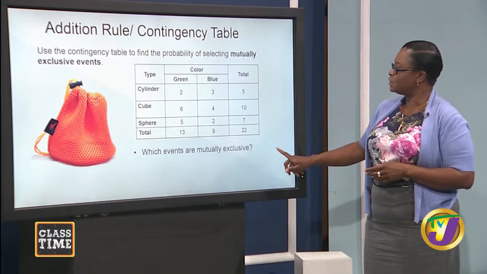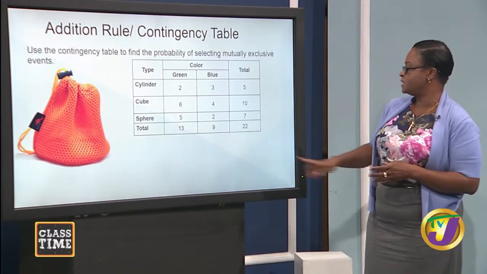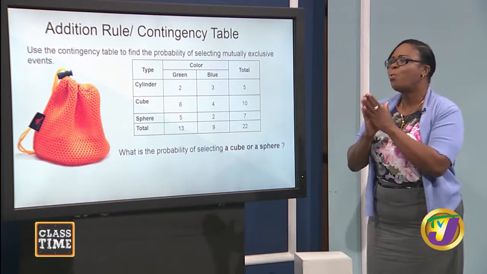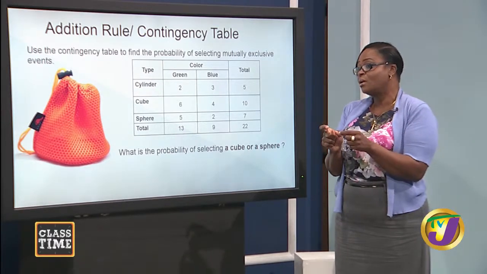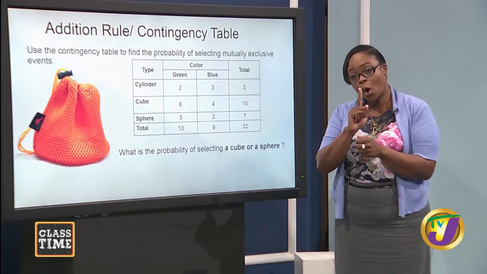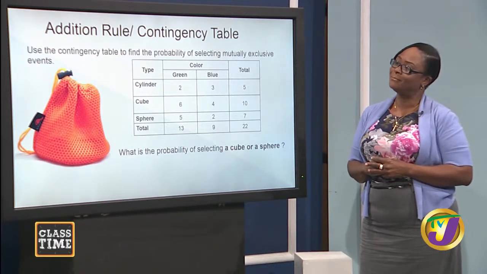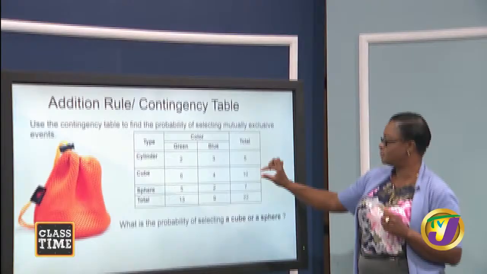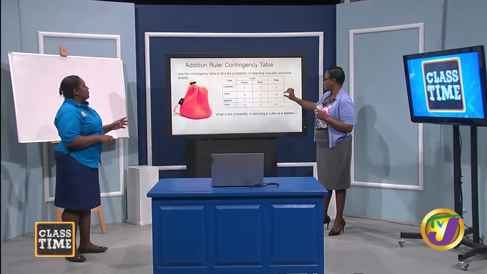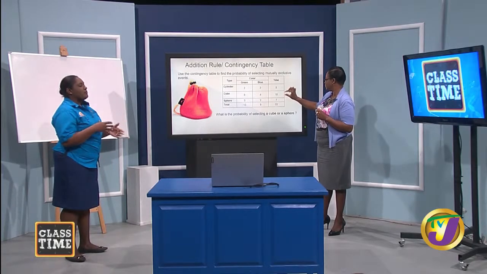Good. So let us look at using the contingency table now. What is the probability of selecting a cube or a sphere? So let's examine our table carefully, right? So we will find the total number of cubes. Yes, because it didn't say a green or a blue cube. And that's 10. Okay. So what is the probability of selecting a cube?